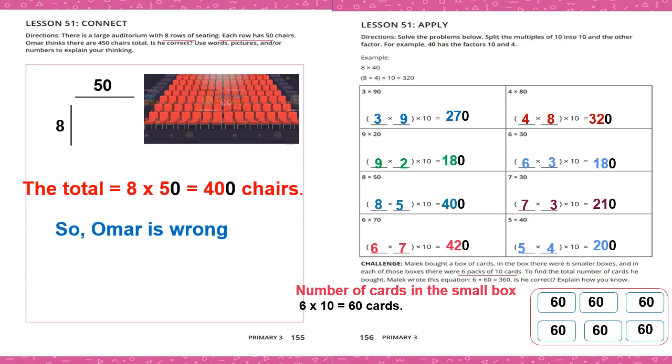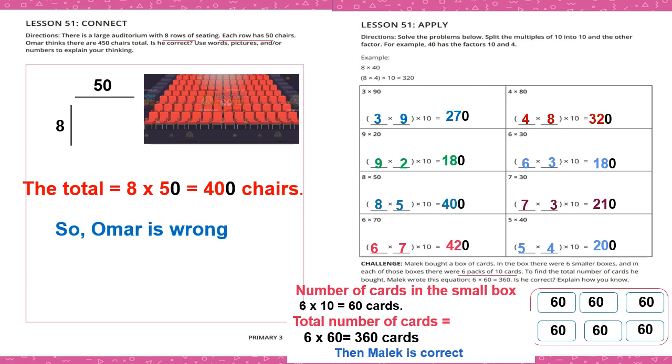All of these numbers make the total. The total means plus. So the total here is 60 plus 60 plus 60 plus 60 plus 60 plus 60. And we have another way. 60 here is repeated how many times? 6 times.